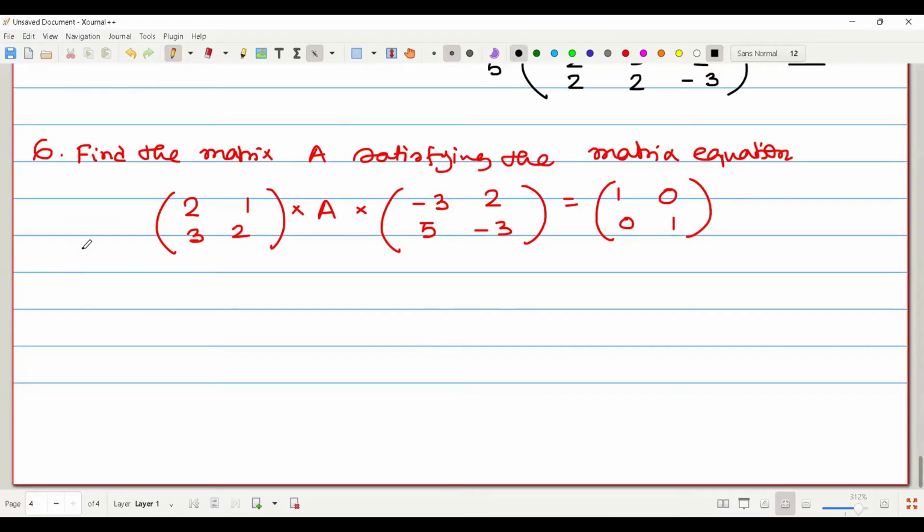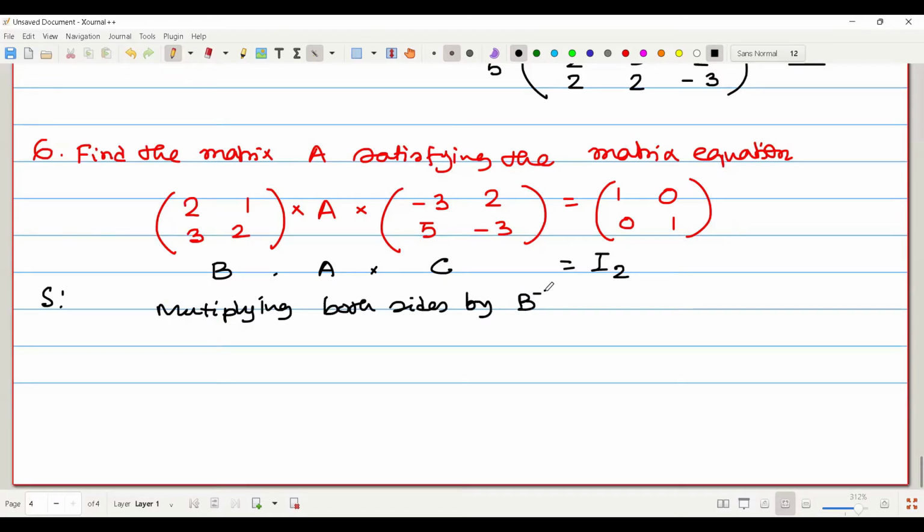So to solve the problem, let us suppose we have B cross A cross C is equal to I2. Here we are multiplying both sides by B inverse and C inverse.